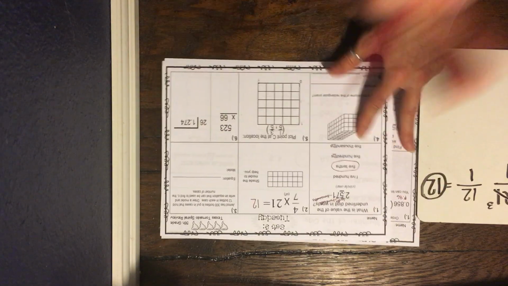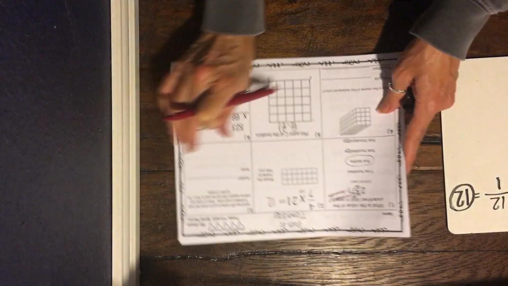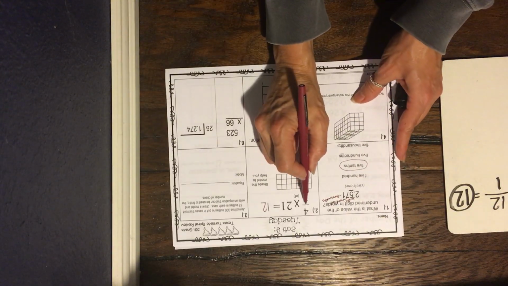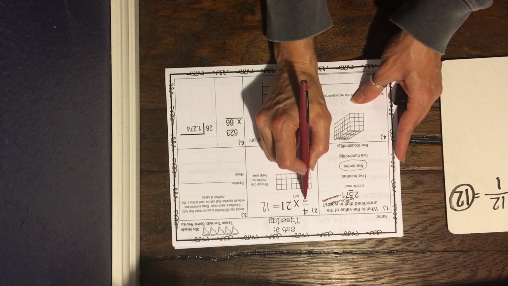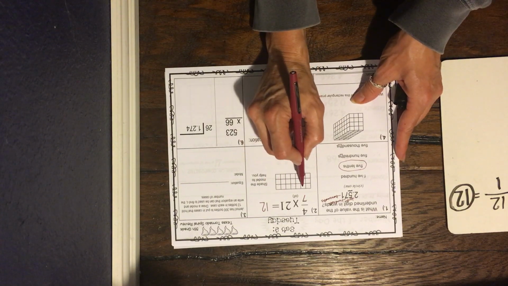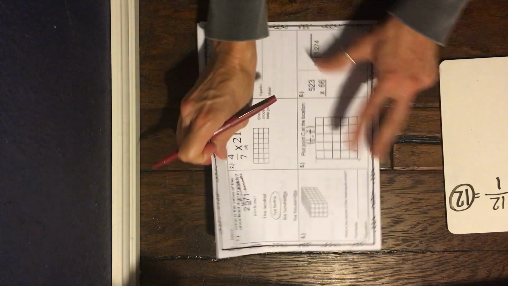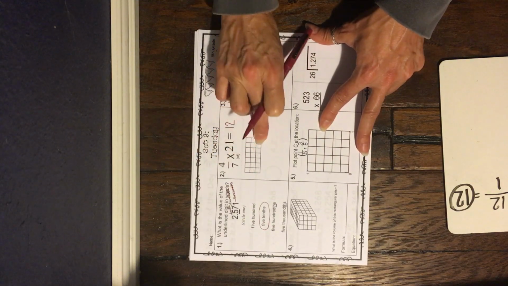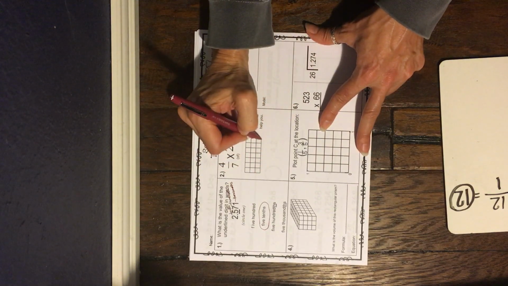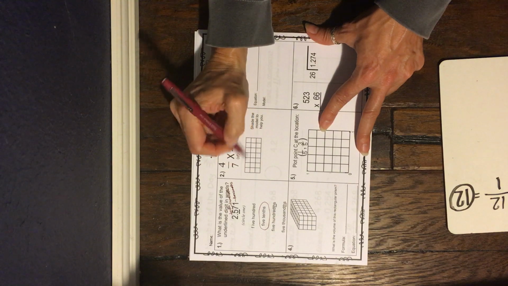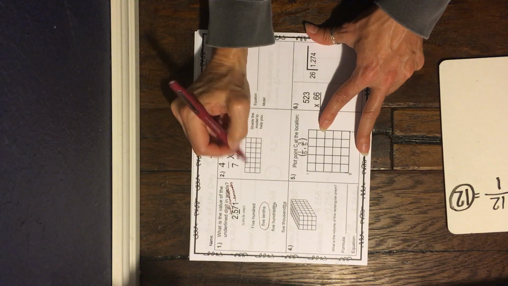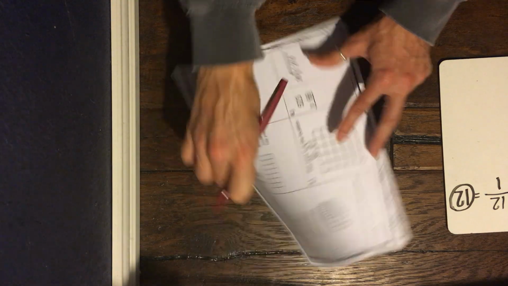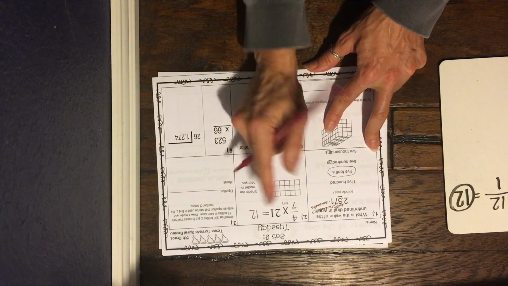Now, if we're looking at the model, we're going to shade this model. Well, we're looking for sevenths. It's telling us that our whole is sevenths. So we have 1, 2, 3, 4, 5, 6, 7. So I'm going to turn this sideways because this right here is one of our sevenths. This is the other seventh, and this is the other seventh, okay? Well, we have 4 out of the 7.